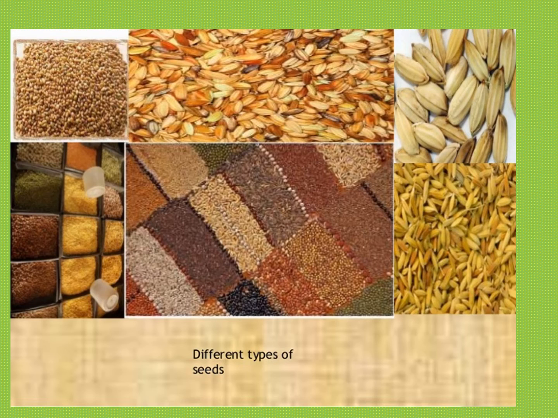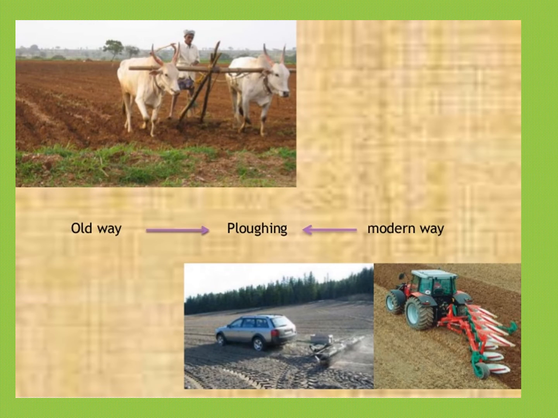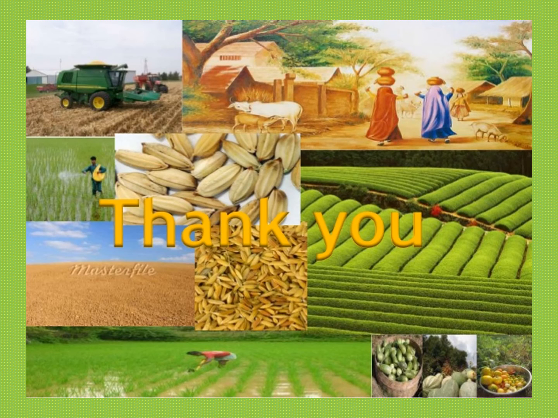You can identify the seeds and make a list mentally in your diaries or your rough notepads. Then we say from the old way of plowing to the modern way of plowing. You can see a farmer using bullocks. Now they have these kinds of jeeps and cars plowing the field.